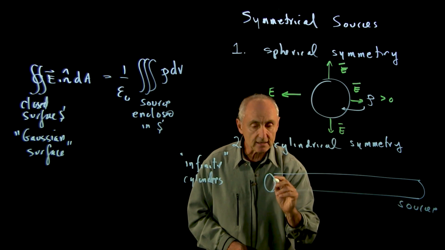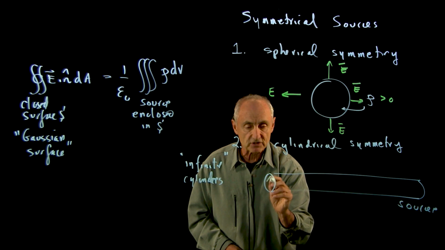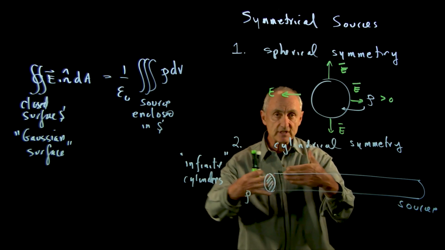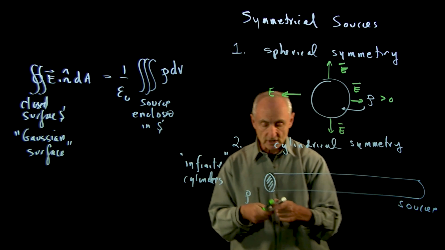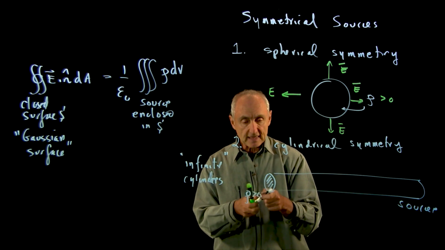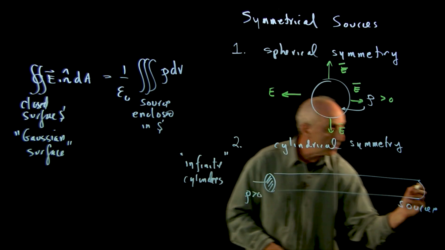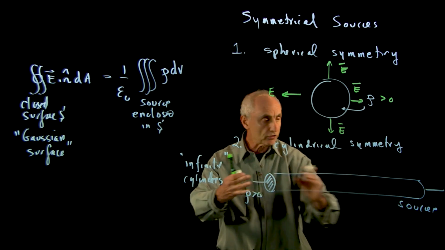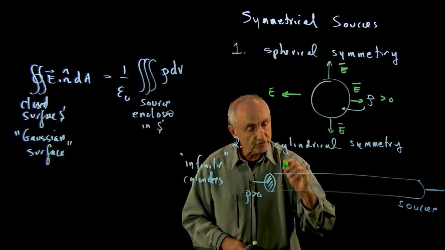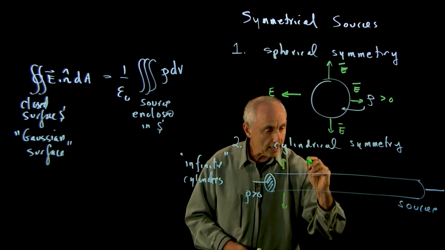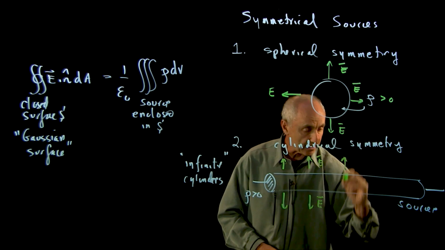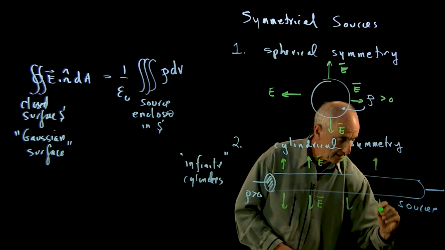Again, if it's solid, there's a charge density rho. For this infinite cylindrical source, because we're drawing arrows, let's make rho positive. Then the axis of symmetry is along the central axis, and we have an electric field that points radially away from the axis of symmetry.